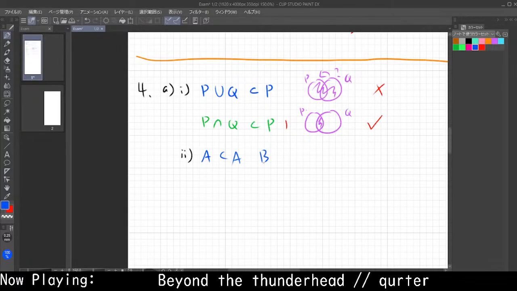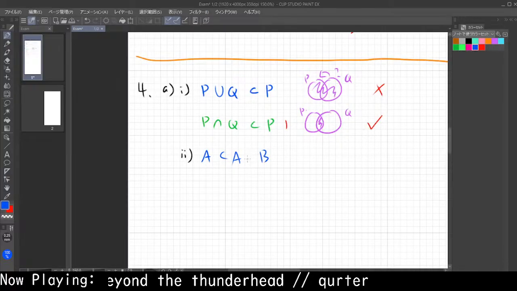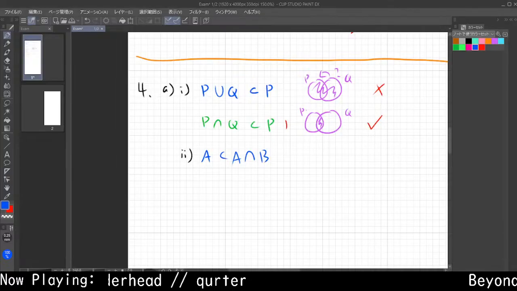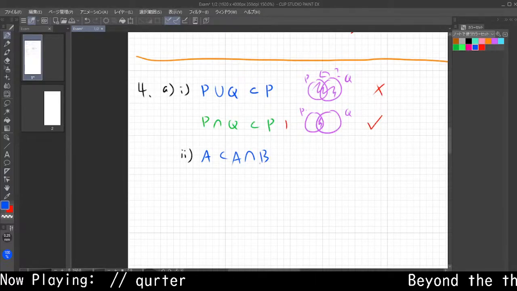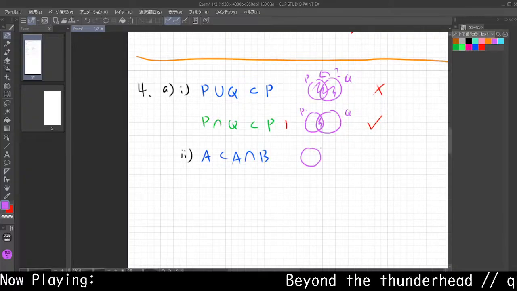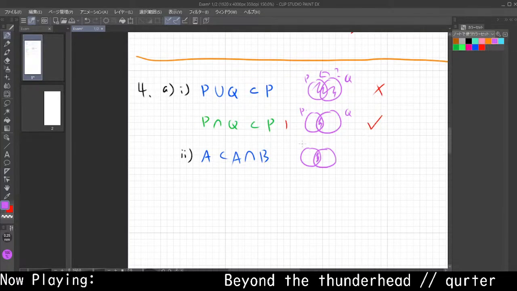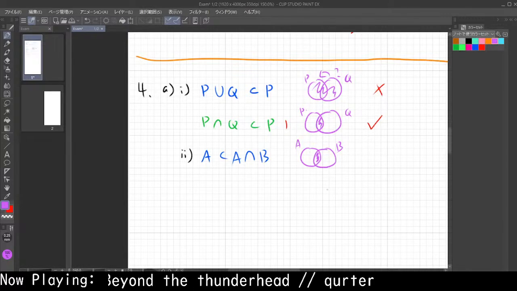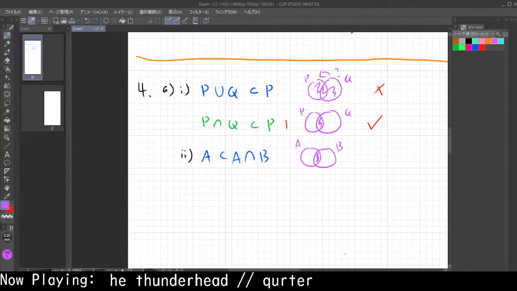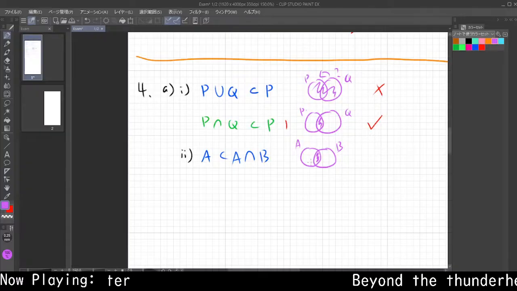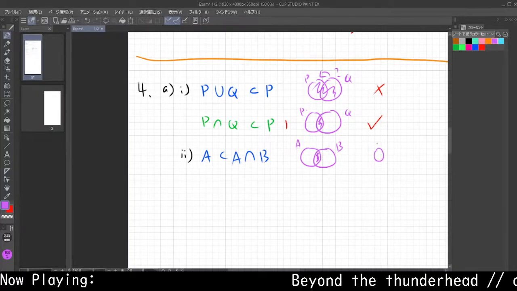So if you put intersect, this basically means the intersection between A and B is over here, and the entire A is inside it. The only way this is true is when A is a subset of B.